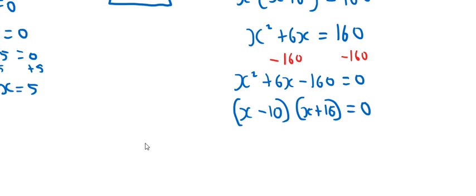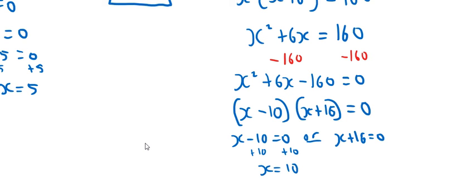Then either x minus 10 equals 0 or x plus 16 equals 0. So if x minus 10 equals 0, then x equals 10. If x plus 16 equals 0, then x equals minus 16.